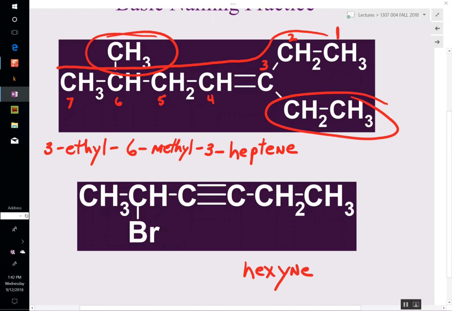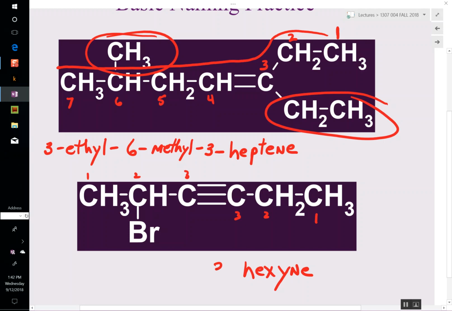Okay, now if I go here 1, 2, 3, if I started here 1, 2, 3, well, it doesn't matter where I start. But in this case, since I do have a substituent here, I want the lowest numbers for everything possible.